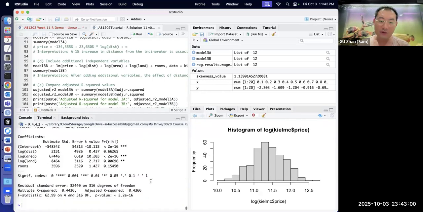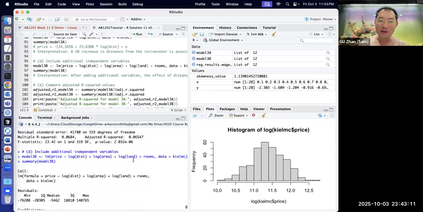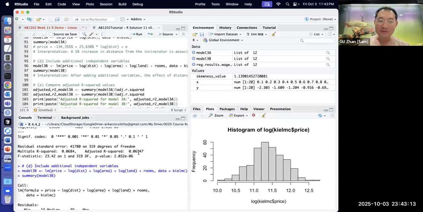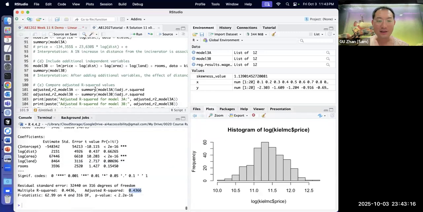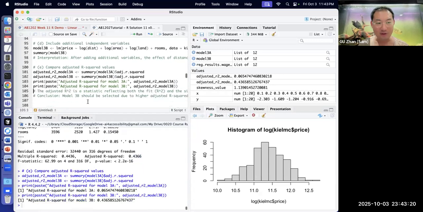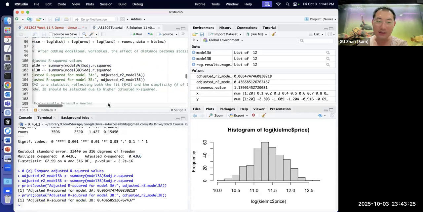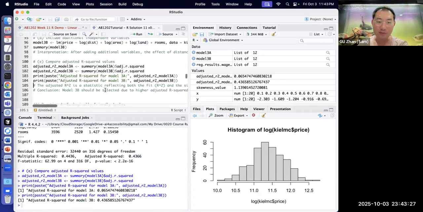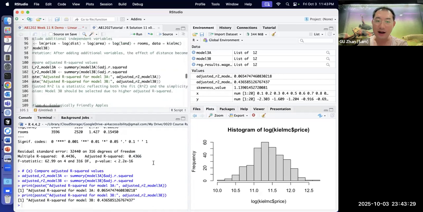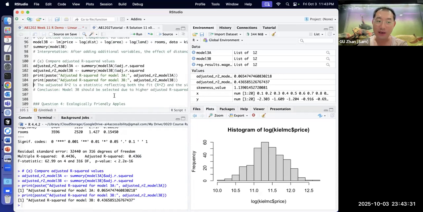After we introduce a few other variables, the R square has increased to 0.4. 0.4 is quite okay and much better than 0.06. So the adjusted R square reflects the fit of this model. So model 3B should be selected due to its high adjusted R square.